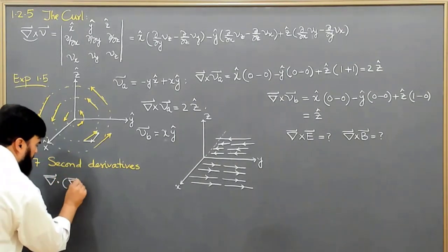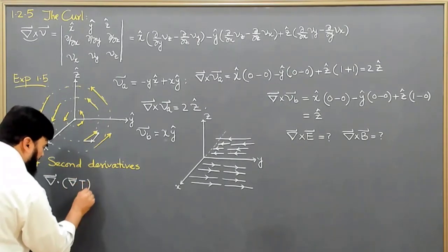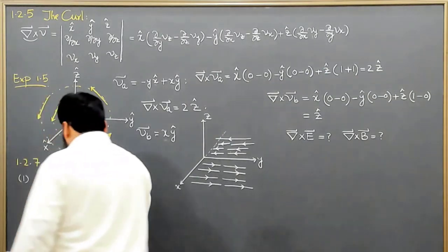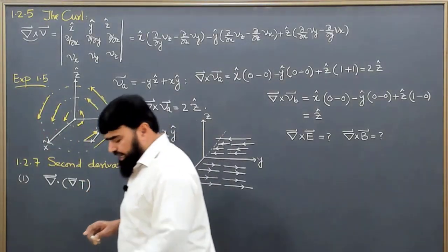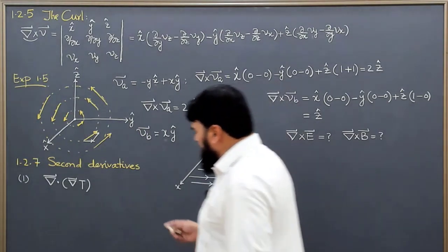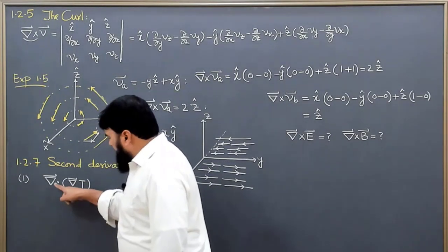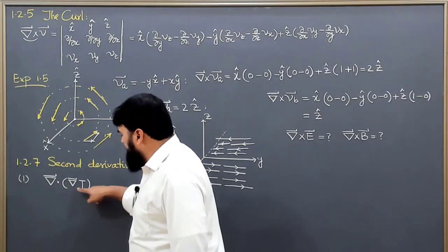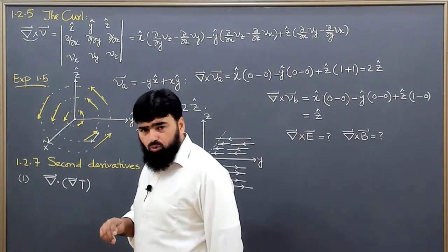The gradient will be of a scalar function, and this scalar function is T. So the divergence of the gradient will give us some number, because the divergence will always be of a vector quantity, and now this gradient T is a vector quantity.